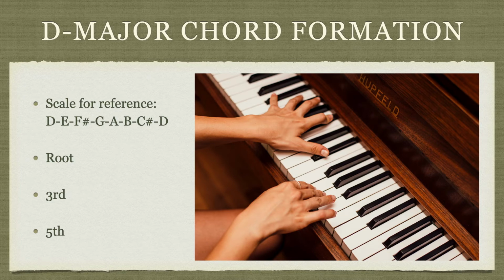Let's form our basic 3-note chord. The root, where everything begins, is D. The third is 3 notes up the scale, so that is F sharp. The fifth is 5 notes up the scale, so we get an A. Now just go ahead and put that info aside for later, and let's move on to the Bm7 chord.